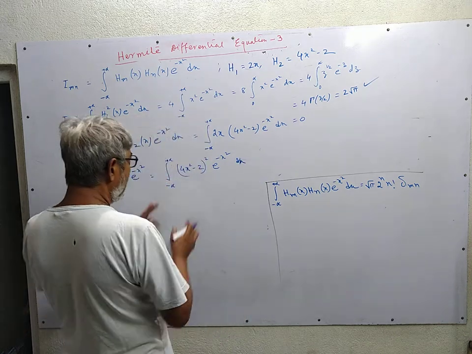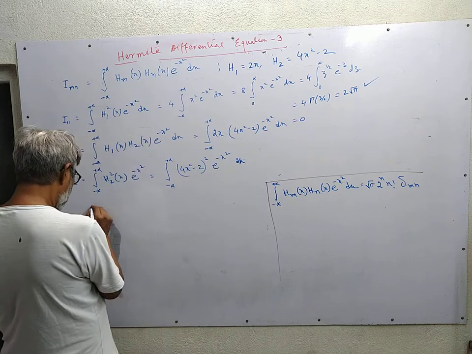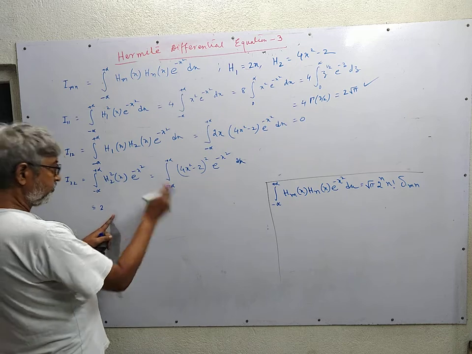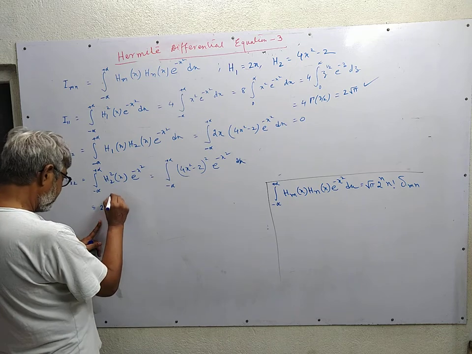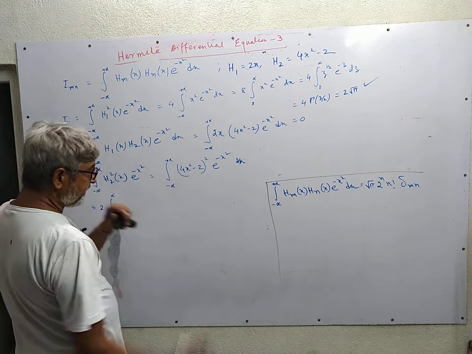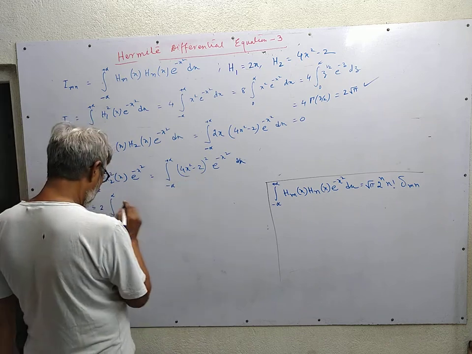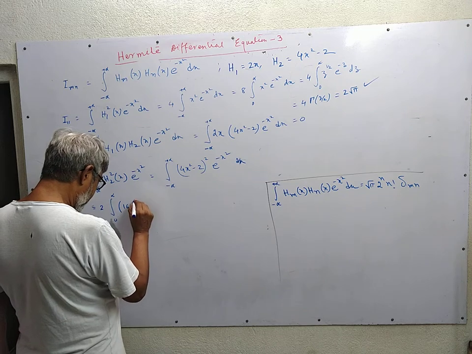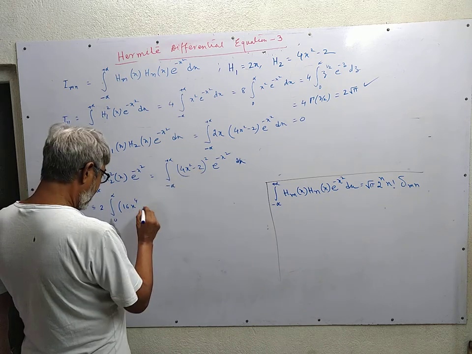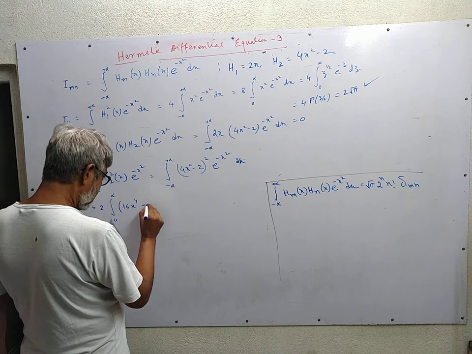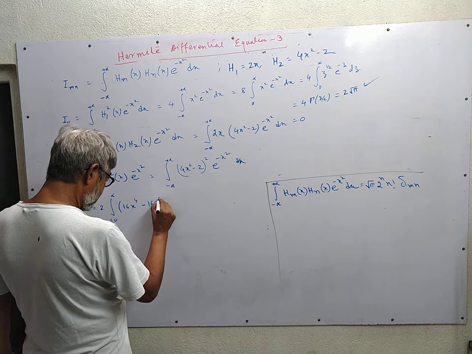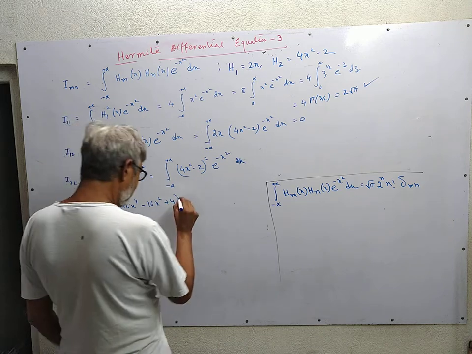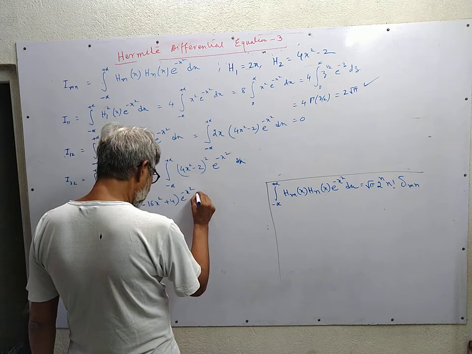First thing, we write it as 2 times the integral, and then put the limit from 0 to infinity as the integrand is even. So we have 16 x to the power 4 minus 16 x square plus 4, times e to the power minus x square dx.